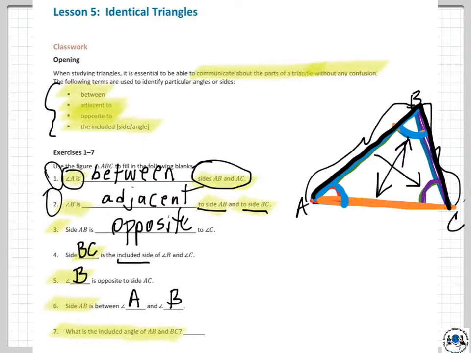So now the question is the included angle, whereas we had included side up here. Okay, we have included angle. Again, I think that should be pretty clear, and it is angle B right there. Okay, because it is included. It's also between. Okay, so there are several different ways to look at these relationships, sides, and angles.